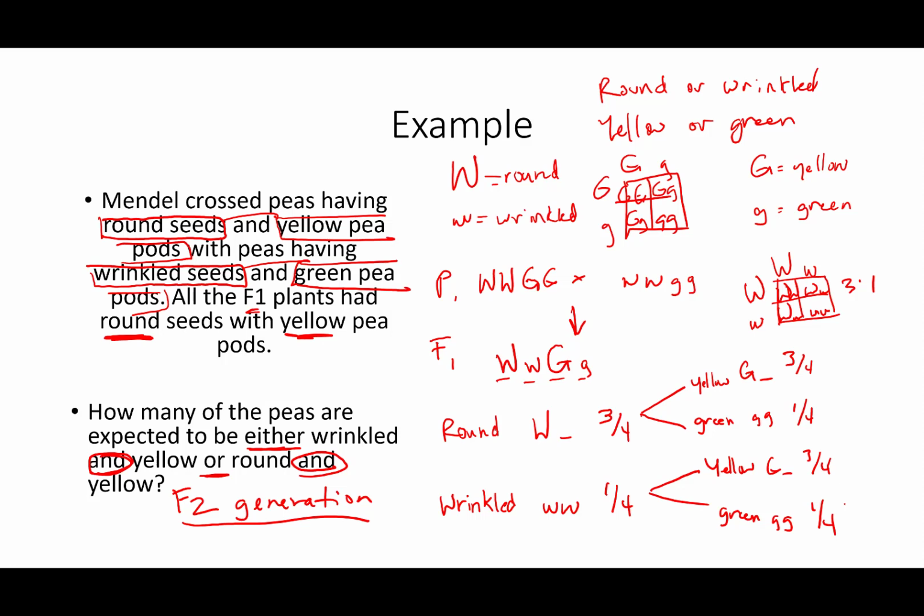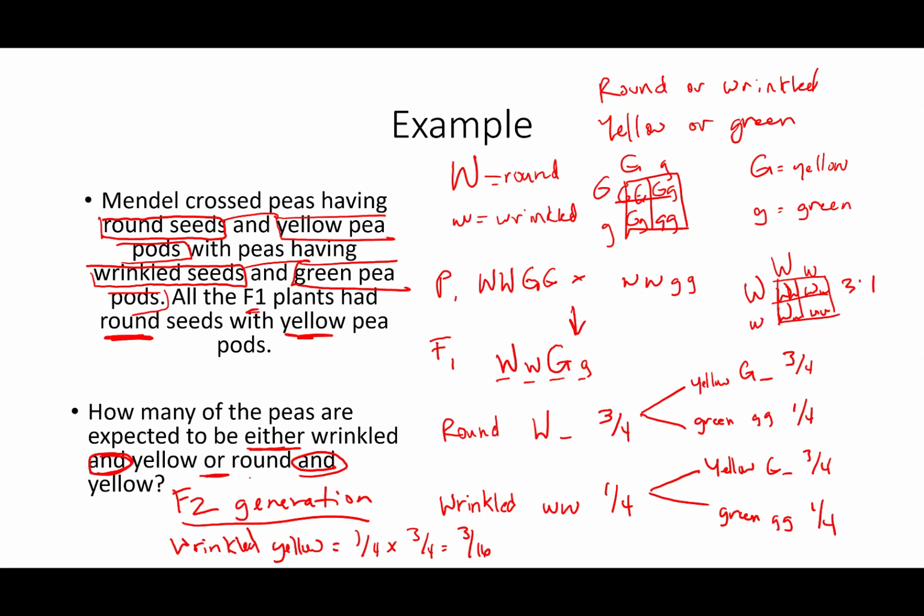It says, what's the probability, or how many of the peas are expected to be wrinkled and yellow? So here's my wrinkled and yellow. So wrinkled and yellow is equal to 1/4 times 3/4, which is 3/16.